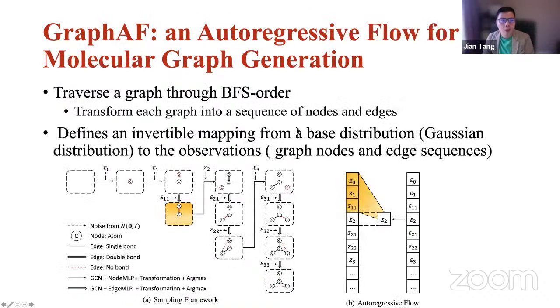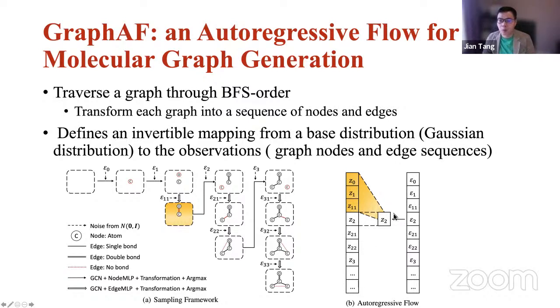For the training, we use an autoregressive flow. The essential idea is that we represent a graph as a sequence of nodes and edges, and these are our observation data, right? We define an invertible mapping from a base distribution, which is usually a Gaussian distribution, to the observation data, which is our graph or a sequence of nodes and edges.